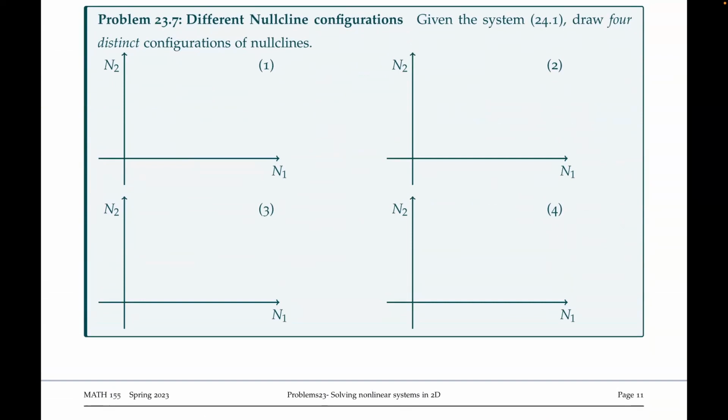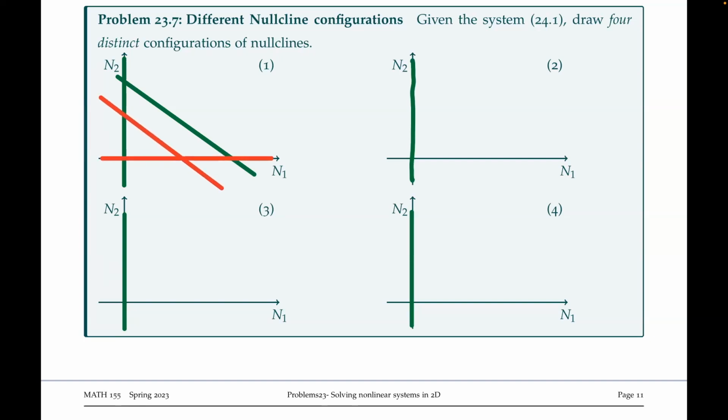So above, we had a case that looked something like this in the top left, where we had a null line like this for species 1 and another one like this. In fact, they're always going to happen on the axes, so I'm just going to draw those in now. And then for species 2, we had something that looked like this.